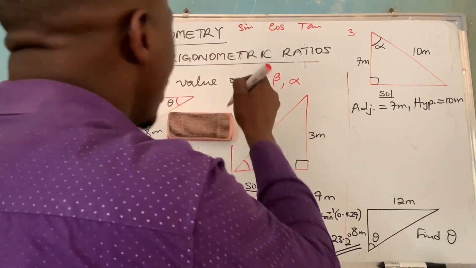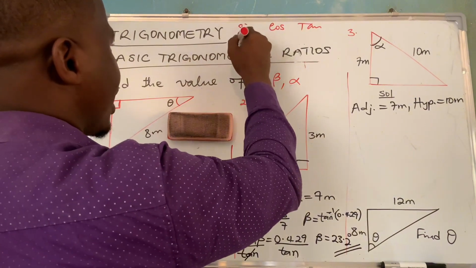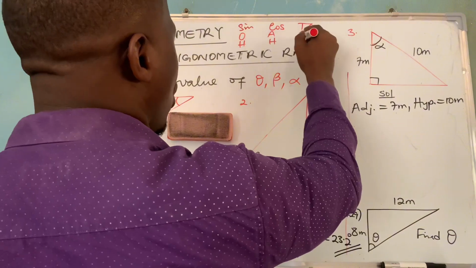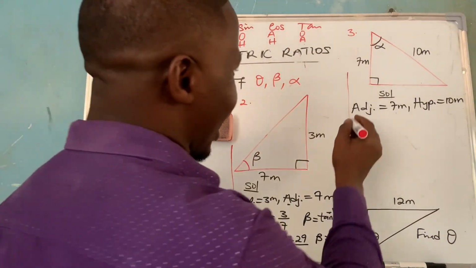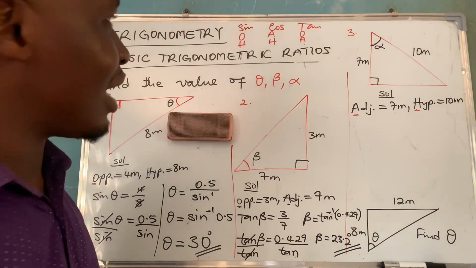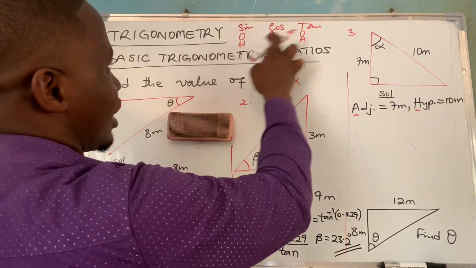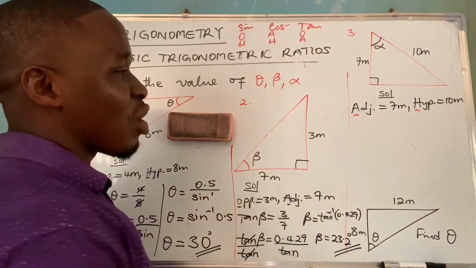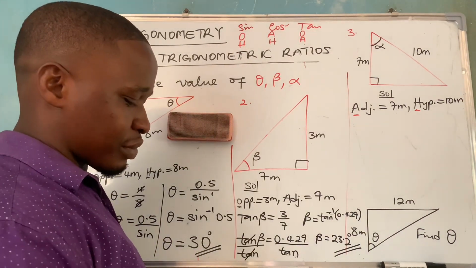Of these, we have SOH, CAH, TOA. But what we have here is AH. This is not AH. This ends with AH. So we are using cosine of an angle.